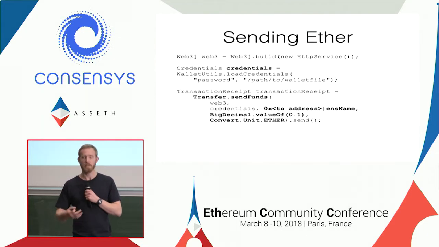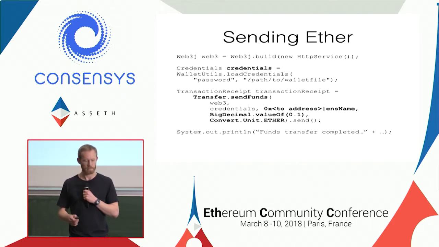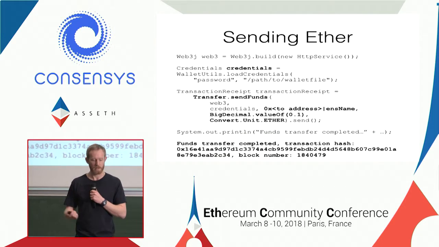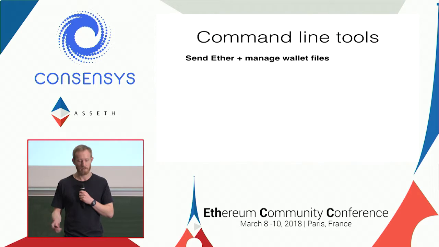And then you just can send a transaction by specifying the address you want it to go to and then the amount. And you've got the different sort of levels of granularity that you get with the Ether currency supported in there as well, which you see in the convert piece. Okay, and that's all you need to do to send a transaction in your code from start to finish.